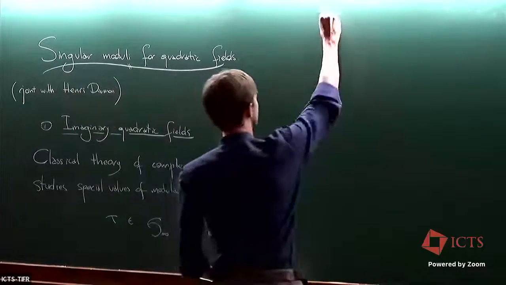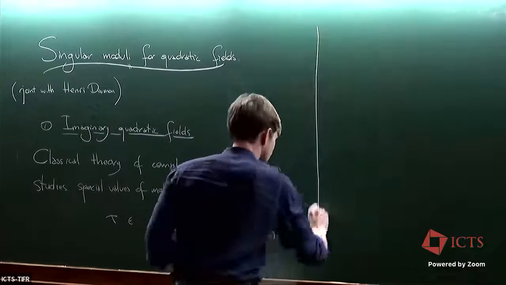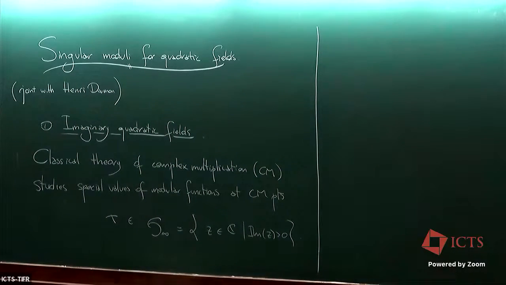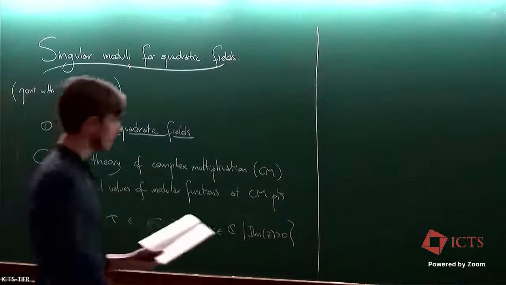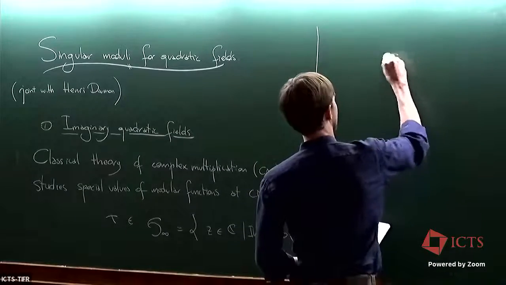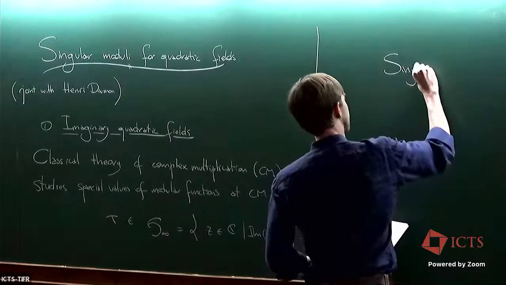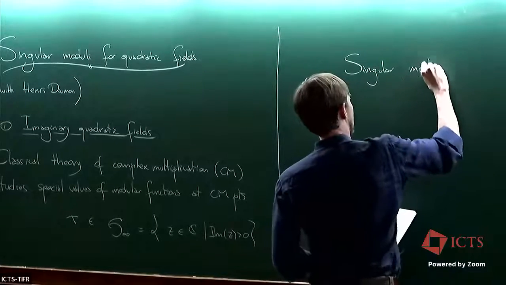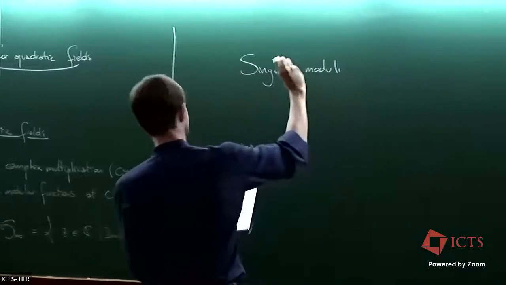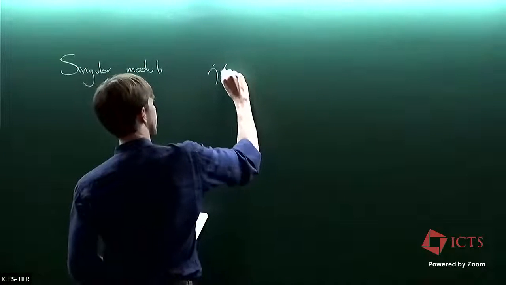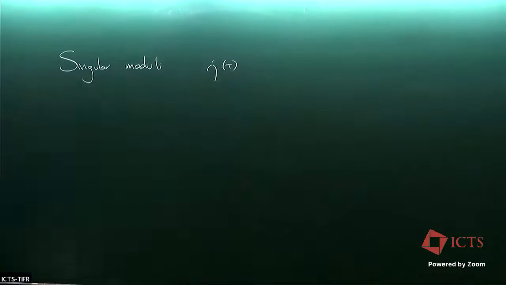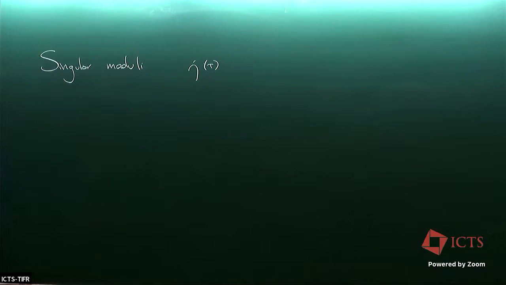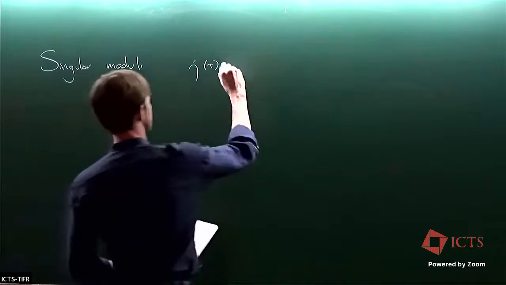And there's two very important types of these invariants that you see show up in the classical theory that I'd like to focus on. And they behave very differently, arithmetically speaking, one of which are the singular moduli. And singular moduli are special values of the Klein J invariant at such CM points. And they're known to be algebraic integers.